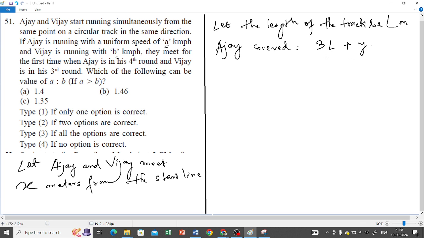Ajay is in his fourth round, so that means he has covered 3L plus Y. Vijay covered how much distance? 2L plus Y. Yes or no?